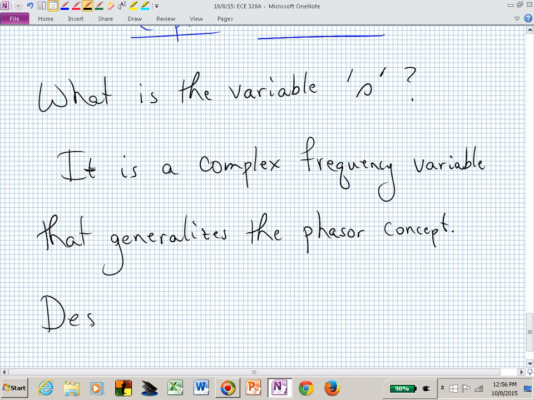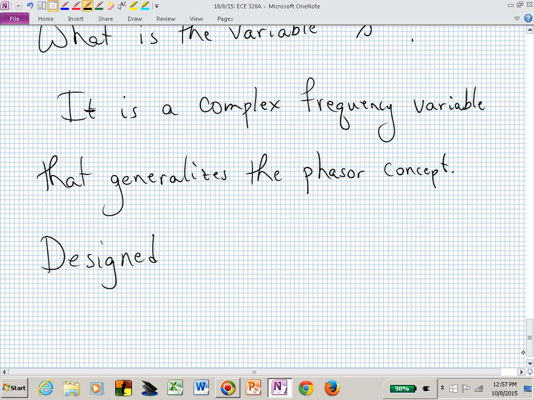And contrary to maybe what you're thinking right now, it is designed to help us. The Laplace transform is supposed to be helping us.